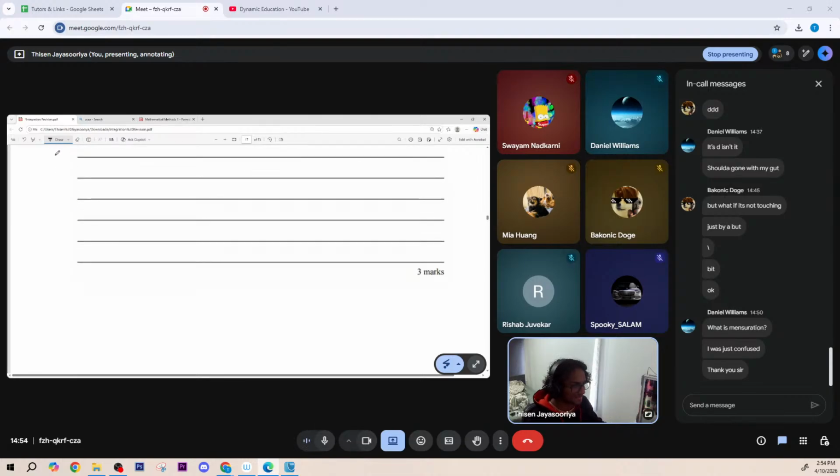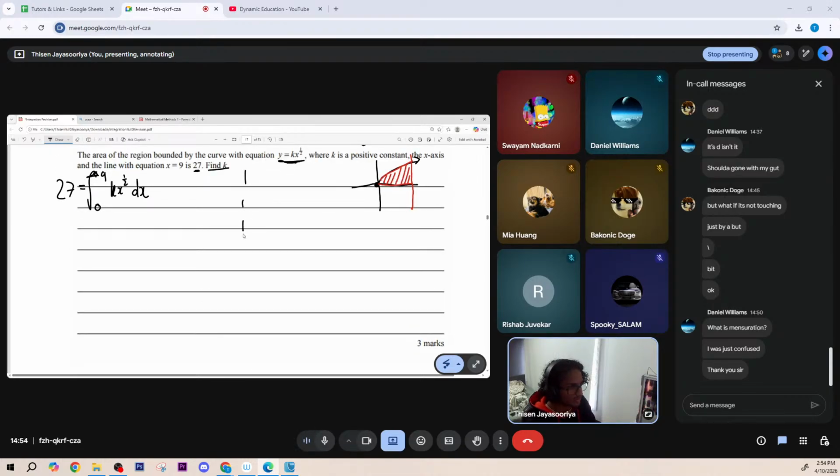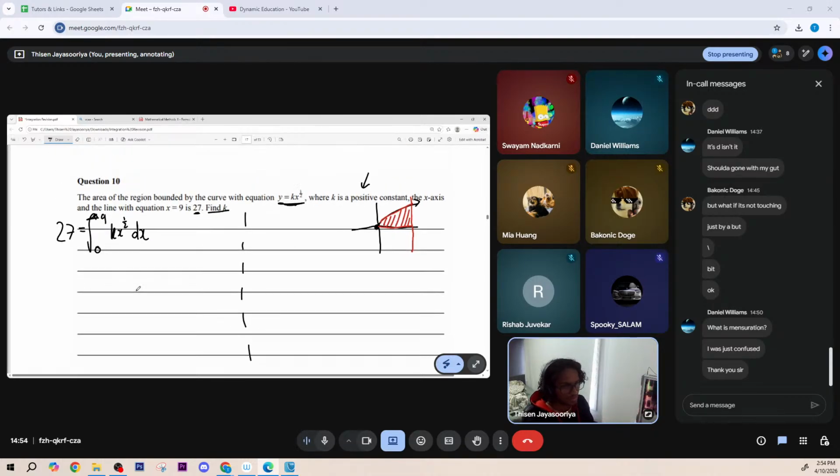Yeah. So here I'll put the dotted line through it again. Now I have 27 equals the integral from 0 to 9 of kx to the half dx. How can I find the integral of this one, Rashad?